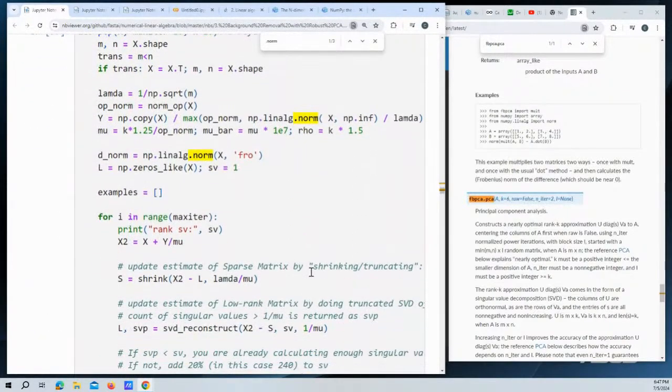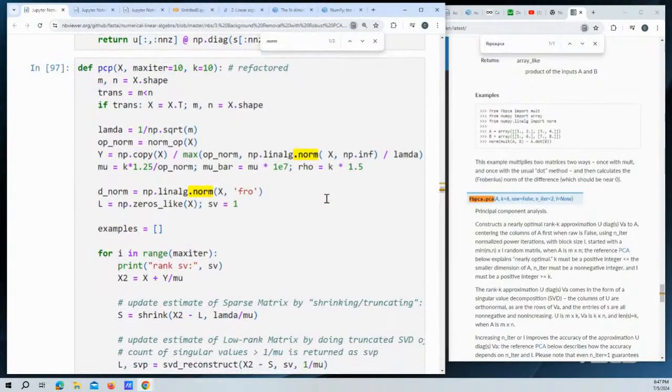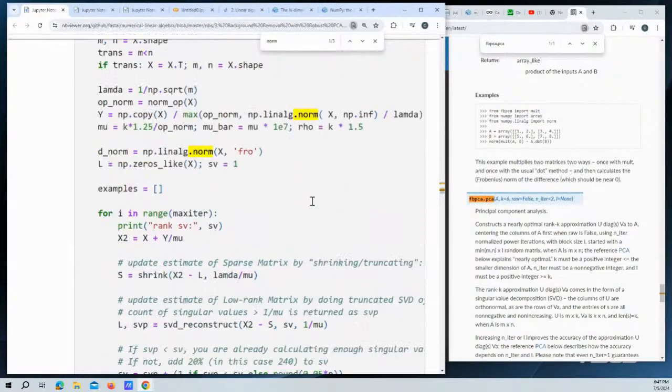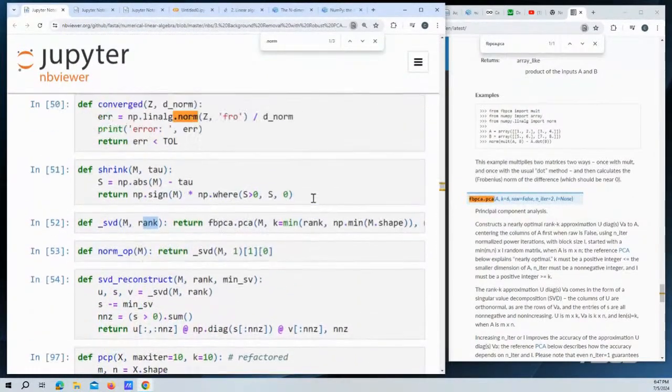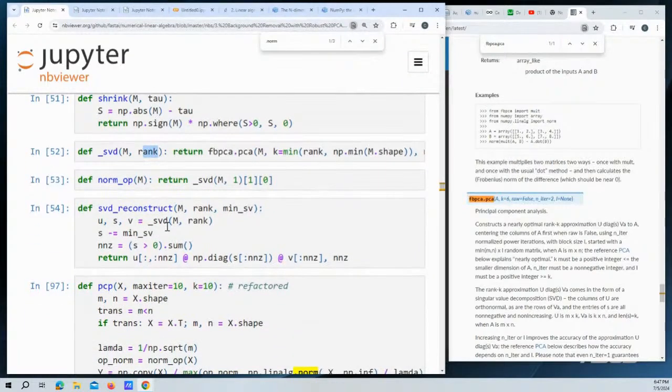So let's go back to the measure function. Where did I see this at? Oh, it's in the SVD function. So if I called SVD, we called it here. So they set the rank to 1. And that's it.